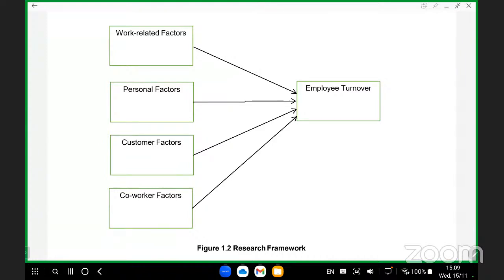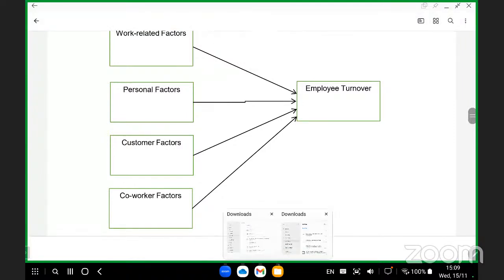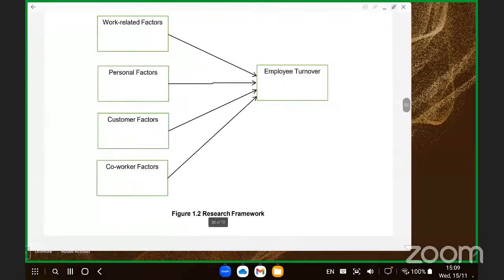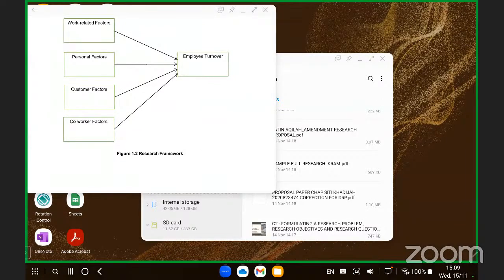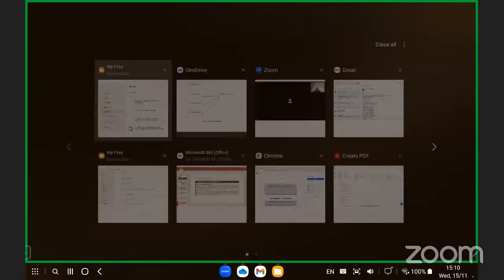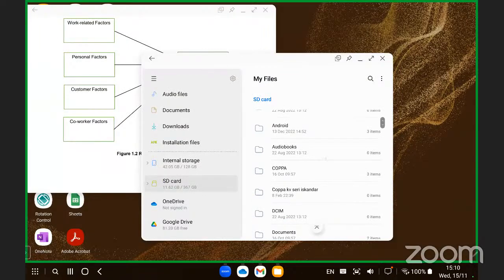Okay, the other way around. I'm going to show you on the, I have a lot of samples actually.